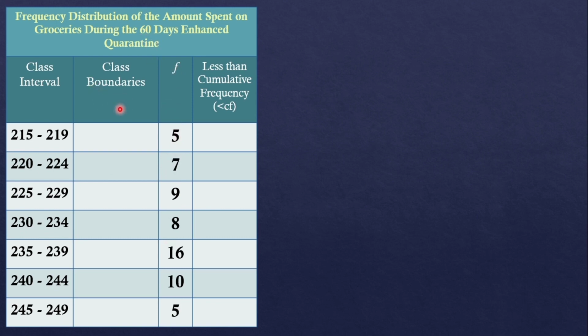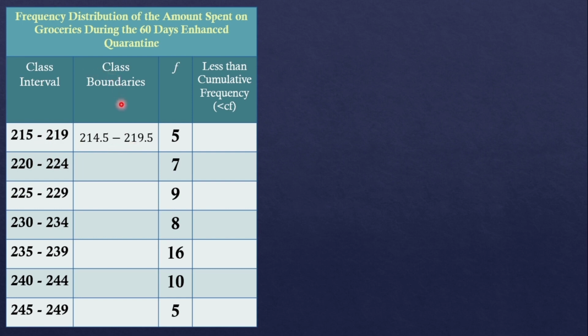So, now, let us get the class boundary. So, when we are getting the class boundaries, magsusubtract po tayo dito ng 0.5 sa lower limit and mag-a-add naman tayo ng 0.5 sa upper limit. So, dito sa lower limit, magma-minus tayo ng 0.5. So, that is 214.5. And dito naman sa upper limit, mag-a-add tayo ng 0.5. So, that is 219.5.